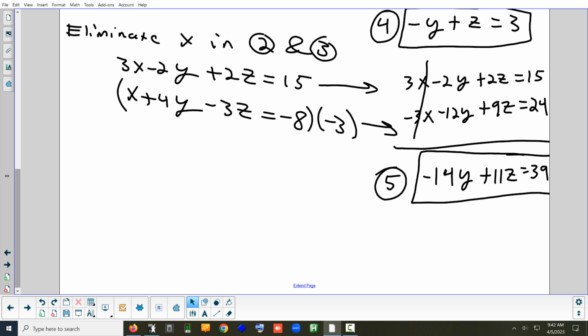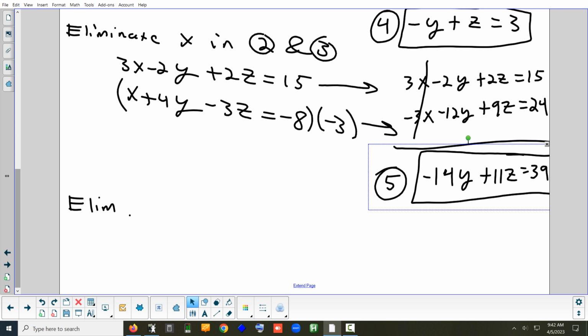So now we've got equation 4 and 5. And we've taken this problem and we've turned it into a simpler problem. Now all we have is 2 variables left and 2 equations. Now it's the kind of problem we've done before. So now let's finish these 2 off and get one of our answers.